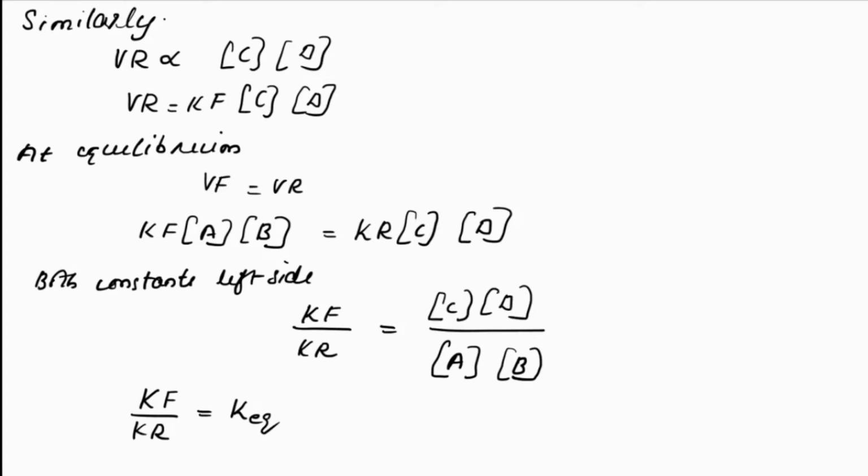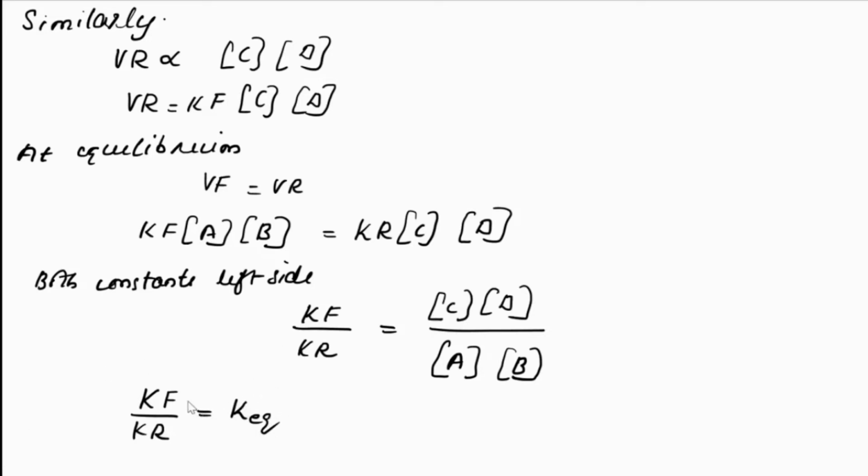Then what we are doing? We are bringing the two constants to one side. Then the equation becomes Kf by Kr is equal to the concentration of C and D, that is the products, divided by the concentration of the reactants. Kf and Kr are proportionality constants. The ratio of the two constants Kf and Kr is another constant, which is called K equilibrium.